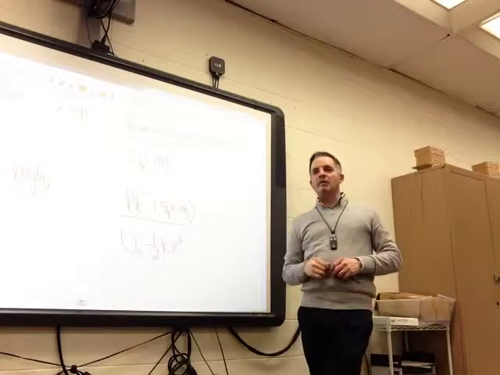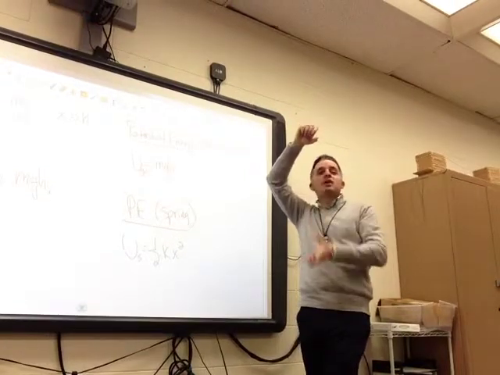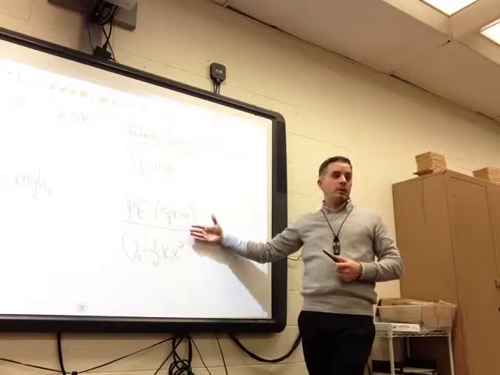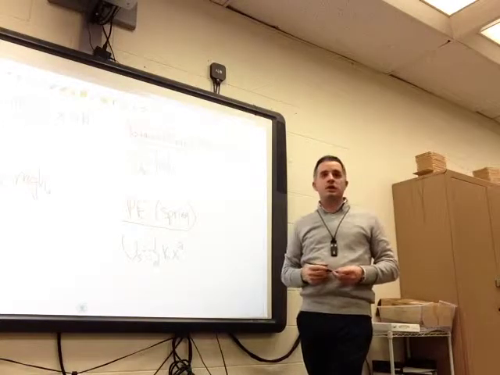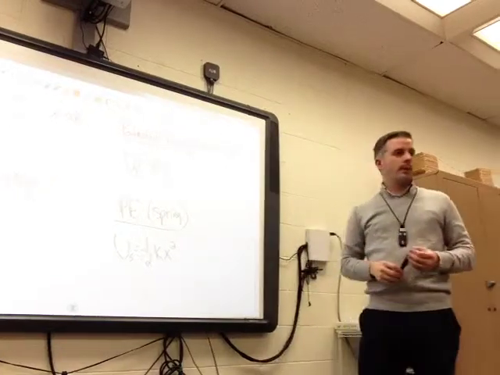So if we have something bouncing up and down on a spring, we're going to have kinetic energy, and probably some gravitational and some spring potential energy in there, because all those things are doing some work.